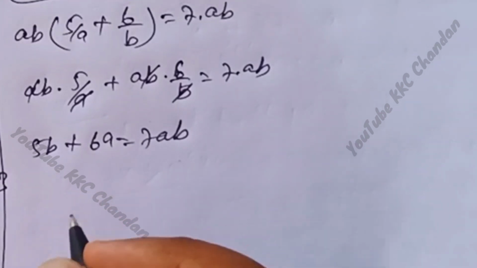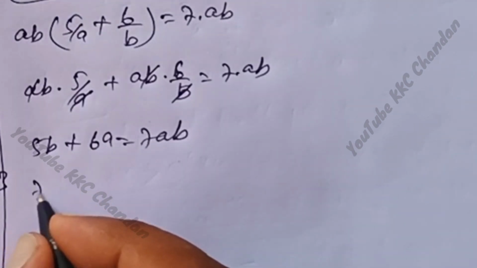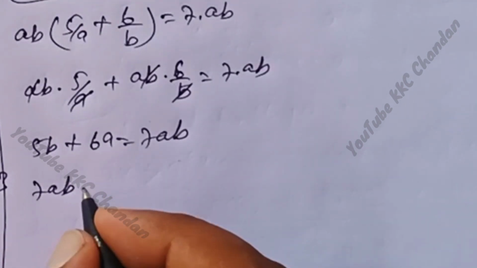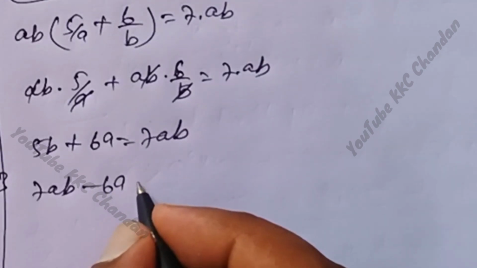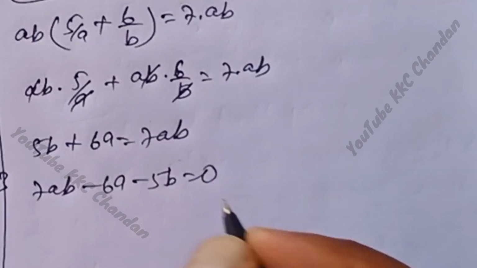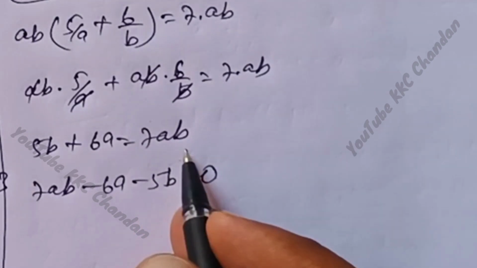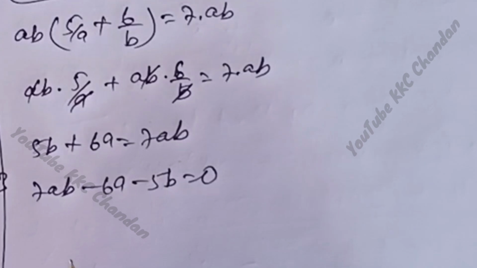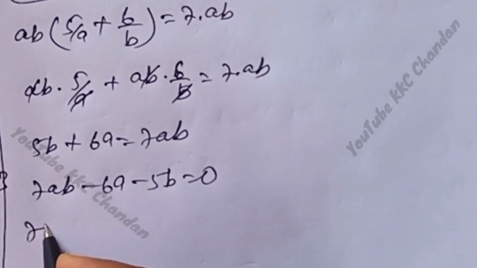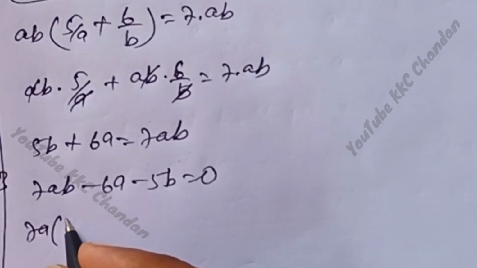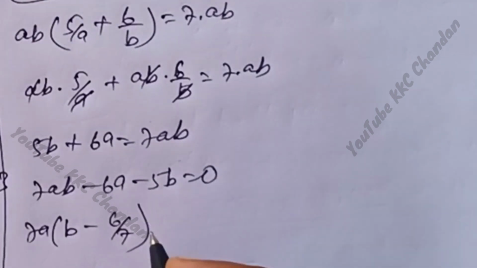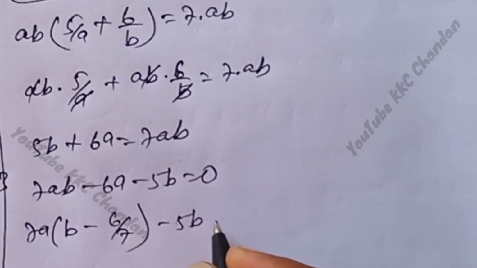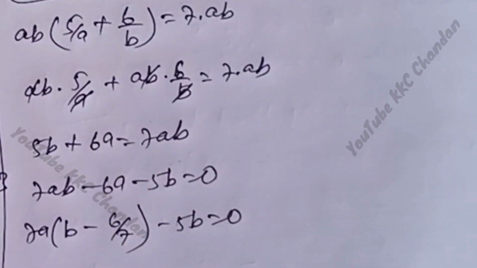7ab. After that, 7ab minus 6a minus 5b is equal to 0. This 7 comes this side. Take common 7a: 7a into b minus 6 divided by 7, bracket close, minus 5b is equal to 0.